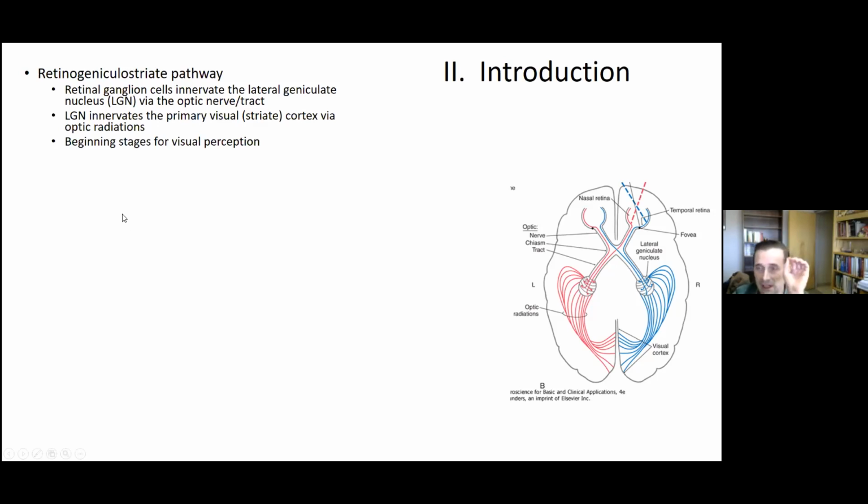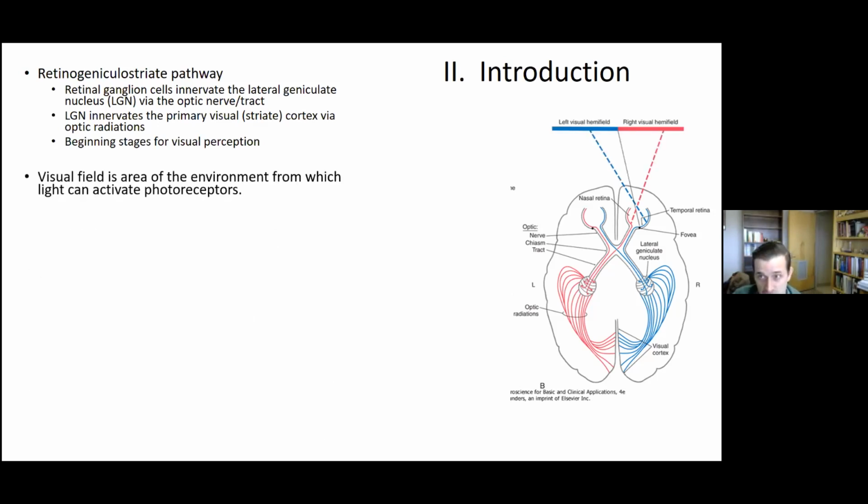The name we give those bundles of axons going from the lateral geniculate nucleus to the primary visual cortex is the optic radiations. So the nuclei, which have the cell bodies, have names, and then the axon fibers that form bundles between these nuclei also have names. And in your primary visual cortex, this is where you have the beginning stages of visual perception.